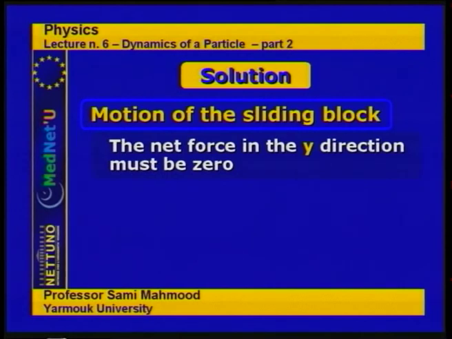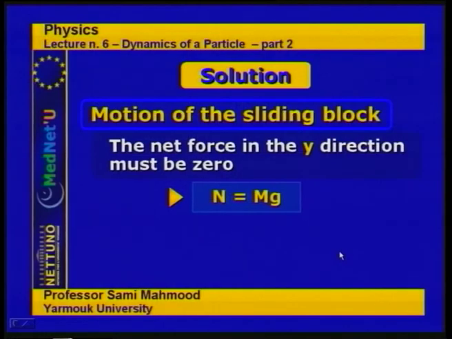The y component of the acceleration is 0, and from Newton's second law, that entails that the summation of forces acting on the sliding block in the y direction is 0.